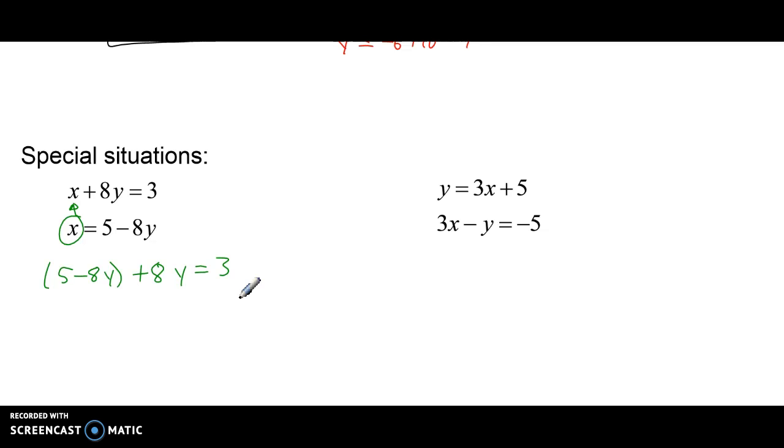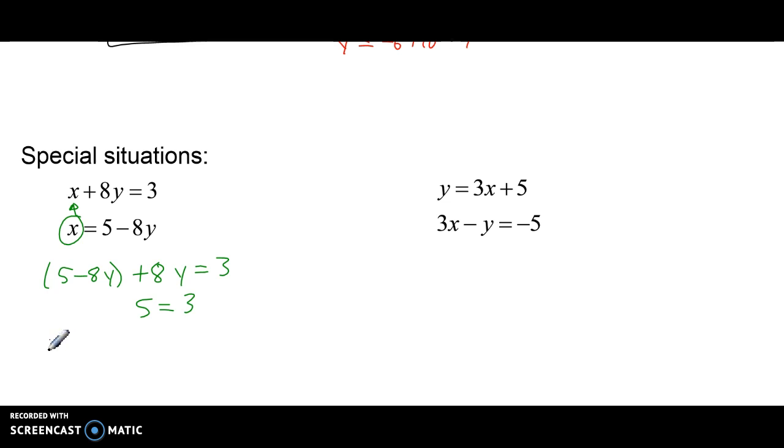And you'll see pretty quickly that this is not like the problem we did a second ago. Something different is happening. The 8y's are going to cancel here. Minus 8y plus 8y just totally cancels out. And just like we learned way back in the first chapter of Algebra 1, an equation like this that has no variables and is making a false statement, it says 5 equals 3, and 5 is not equal to 3, that means there's no solution.